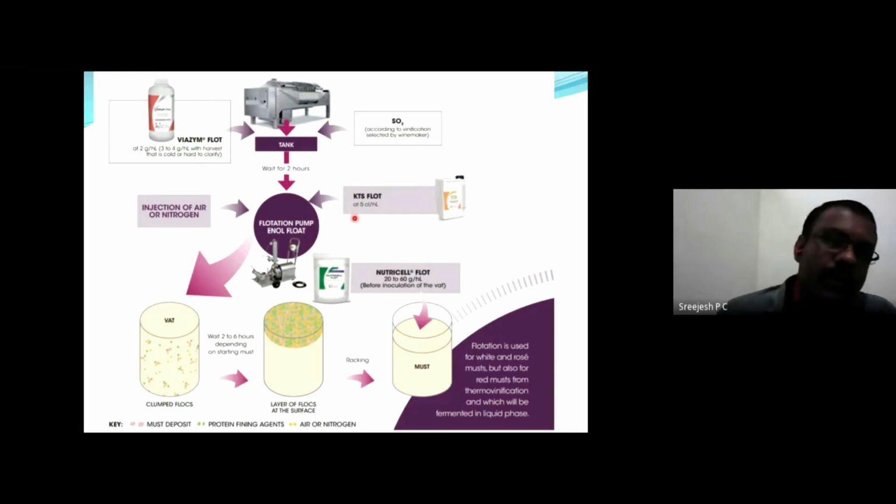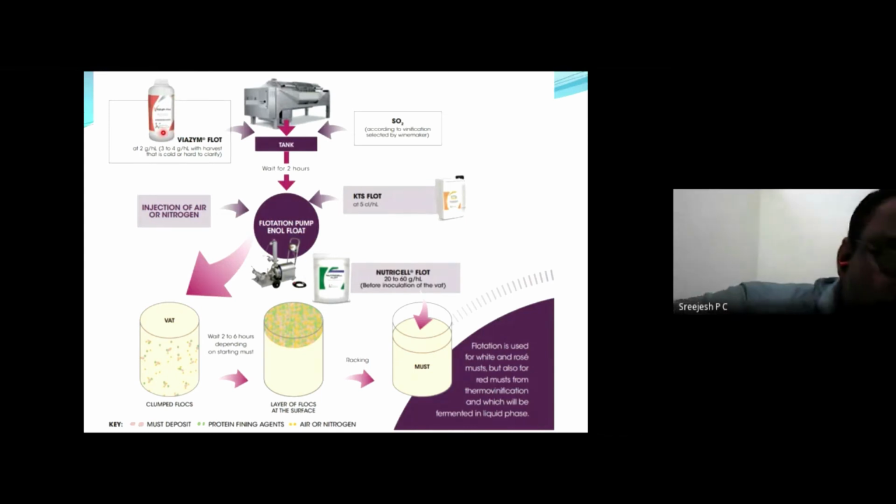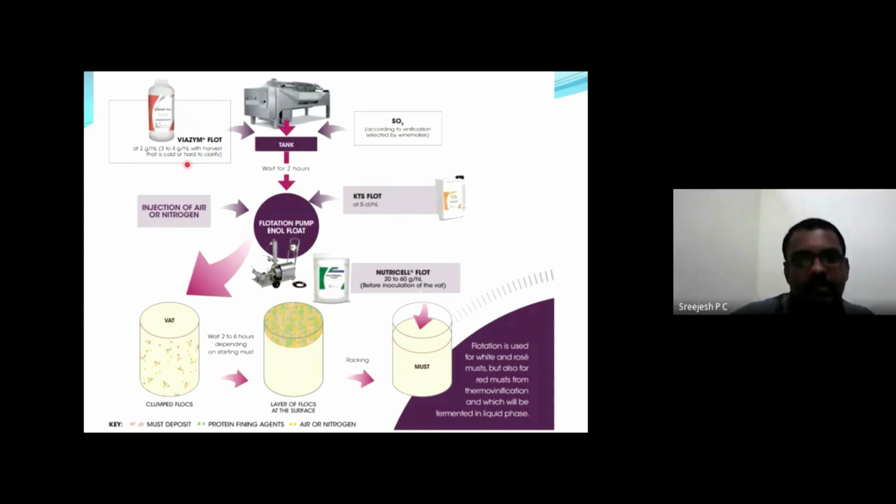So to remove the pectin, they initially use an enzyme, a pectinase enzyme. That is the trade name of the enzyme they have used for the removal of the pectin, which degrades the pectin and reduces the viscosity of the fruit juice.